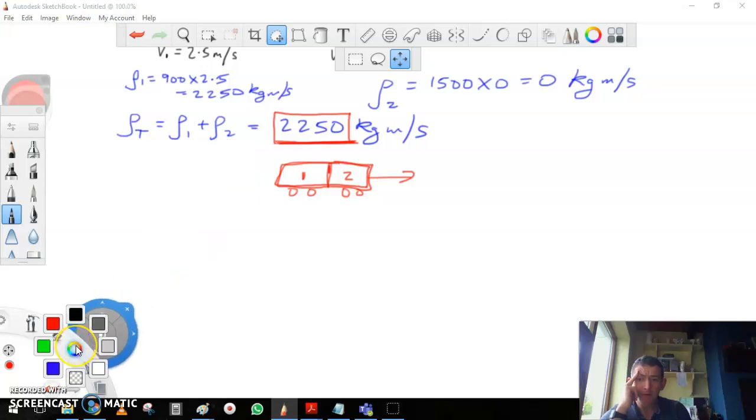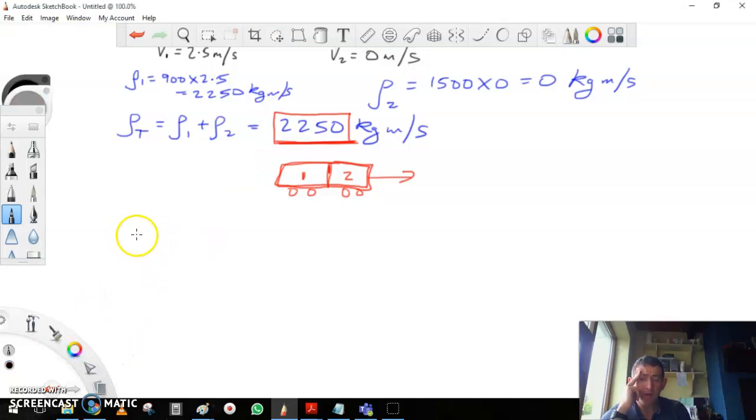So what can we do with that? After the collision, the total mass, the mass of 1 plus 2, will equal 900 plus 1500, and that gives us 2400 kilograms. That's the mass after.